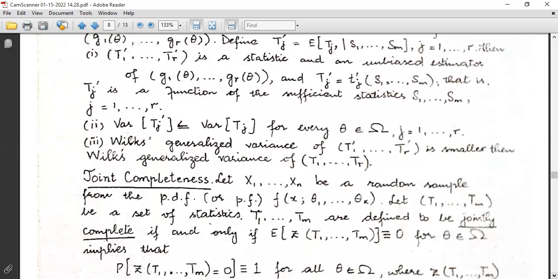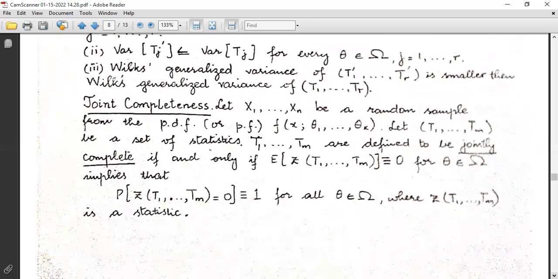The second is that the variance of Tj' is less than or equal to the variance of Tj for every θ belonging to the parameter space, and j varying from 1 to r. And third, Wilks generalized variance of T1' up to Tr' is smaller than or equal to Wilks generalized variance of T1 up to Tr. So this is the generalization of the Rao-Blackwell theorem, and that gives us Wilks generalized variance.